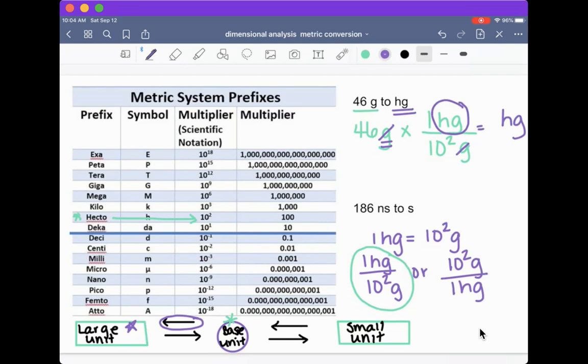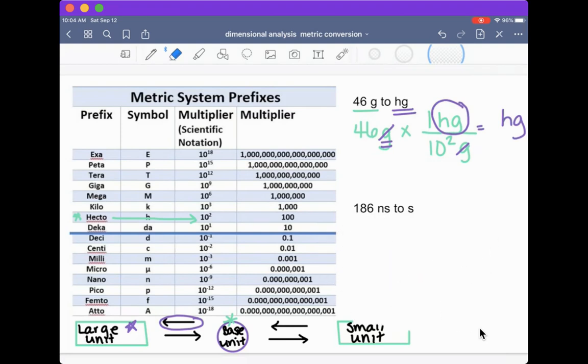So now we can go ahead and do the math, the simplification of these fractions to solve the problem. I'm going to go straight across. To simplify the math problem, 46 times 1 divided by 10 to the 2. Then we can just place that in our calculator. Basically we are going to divide by 10 to the 2.